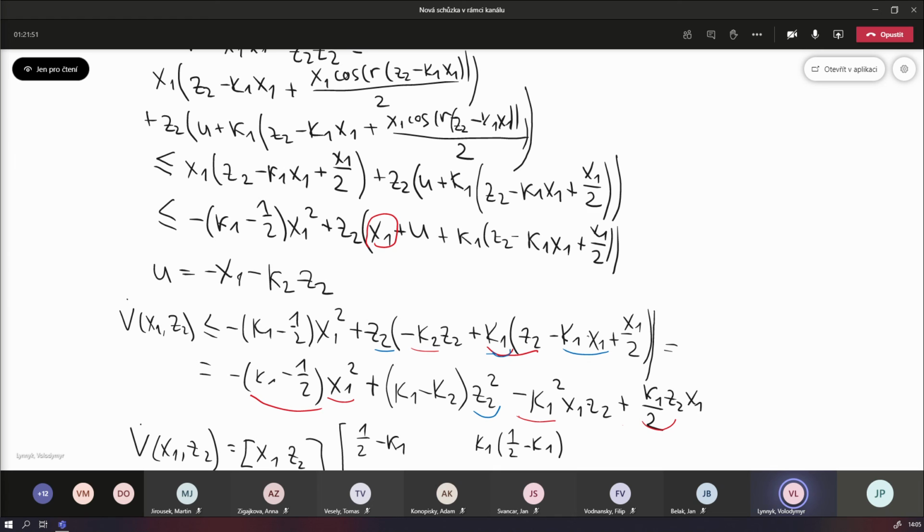So divide this all by 2, because we need to split this term between these two, and the same term here, k1, 1/2 minus k1 divided by 2. Okay, and this all is the vector x1 z2.